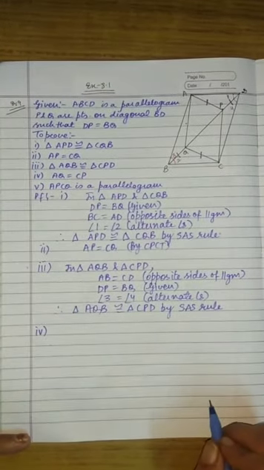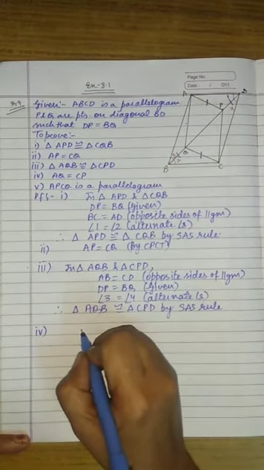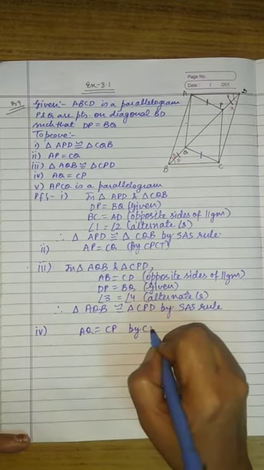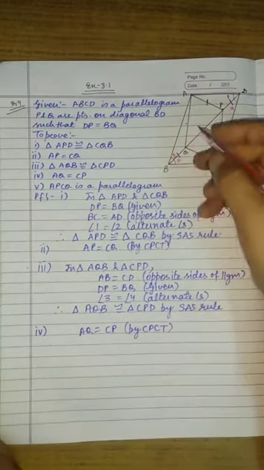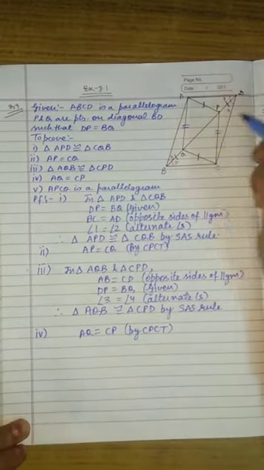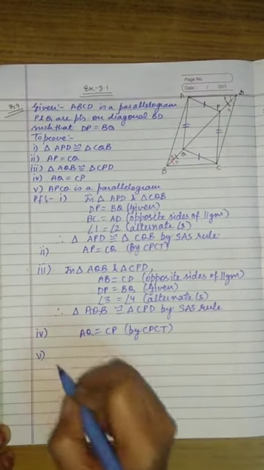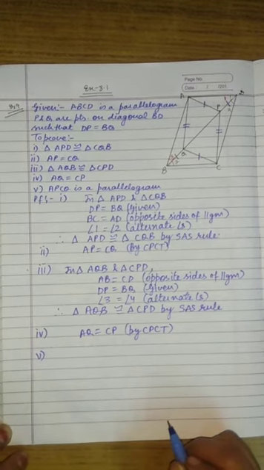The fourth part, if these two triangles are congruent, then AQ is equal to CP by CPCT. So AQ is equal to CP by CPCT. Now last, fifth part is we have to prove that APCQ is a parallelogram.